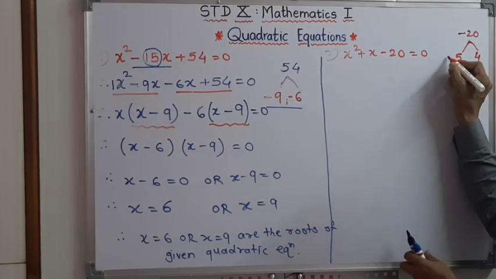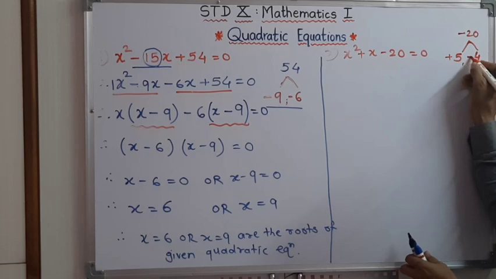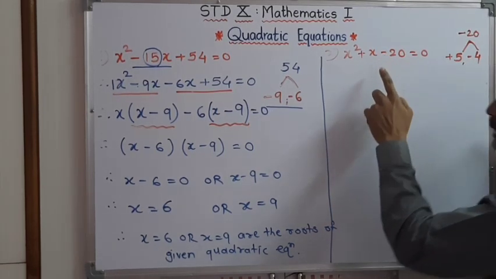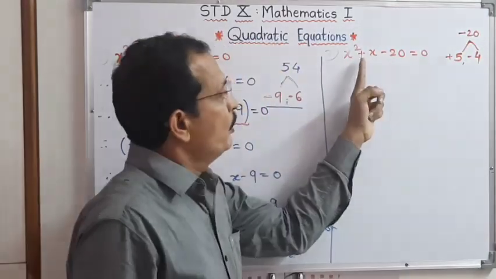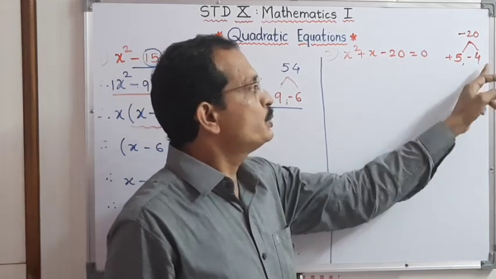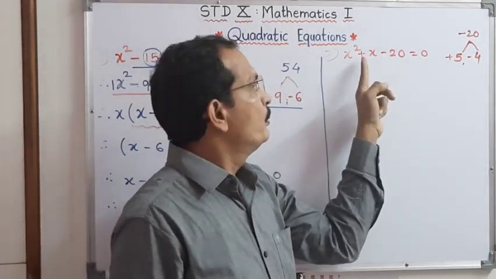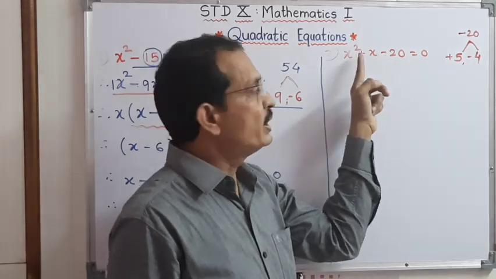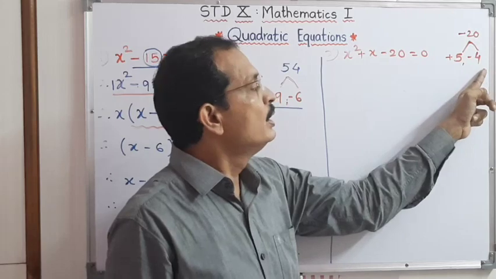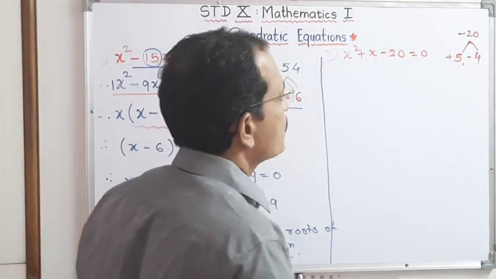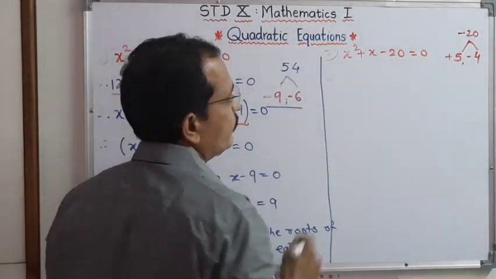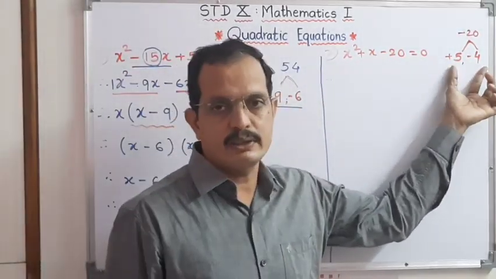Therefore we write plus 5, and the opposite sign to the smaller number. Constant term has a minus sign, the middle term is positive, therefore this plus sign goes to the bigger number and the opposite sign to the smaller number. I think everyone understood how to find the factors.